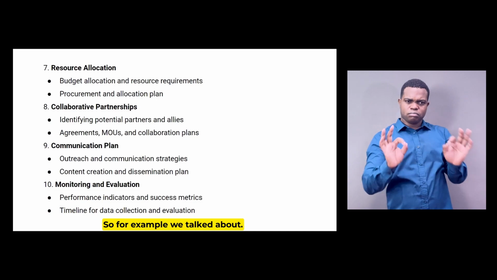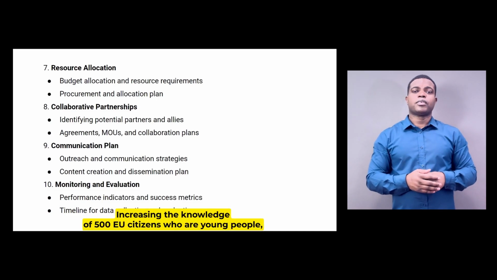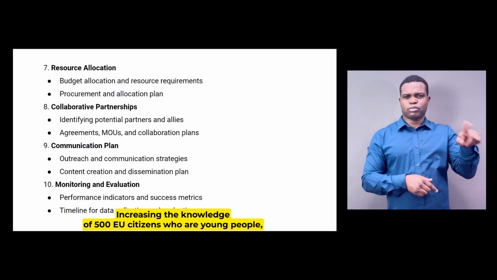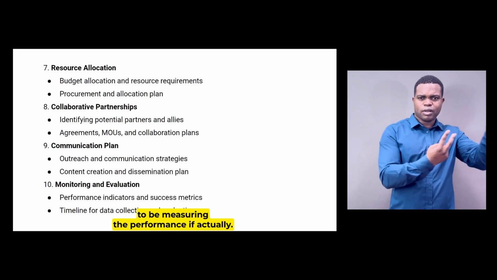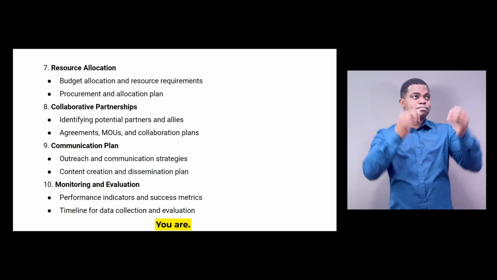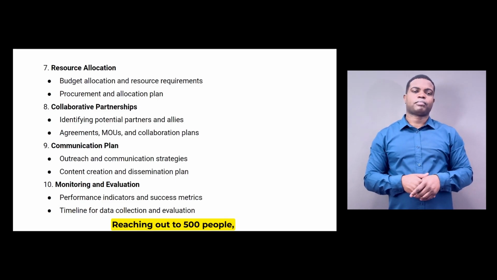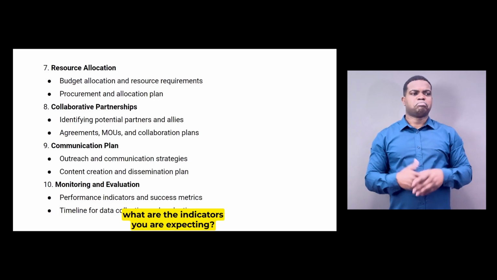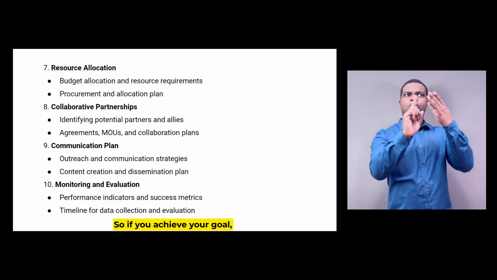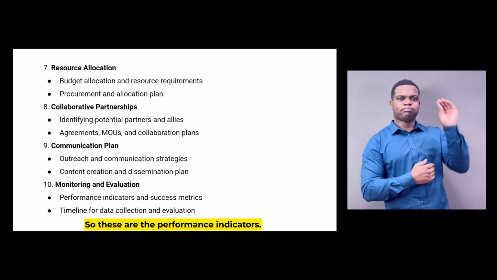So for example, we talked about increasing the knowledge of 500 EU citizens who are young people. So here you are going to be measuring the performance. If you are going to be reaching out to 500 people, what are the indicators you are expecting? If you achieve your goal, your objective, what are the indicators? So these are the performance indicators.